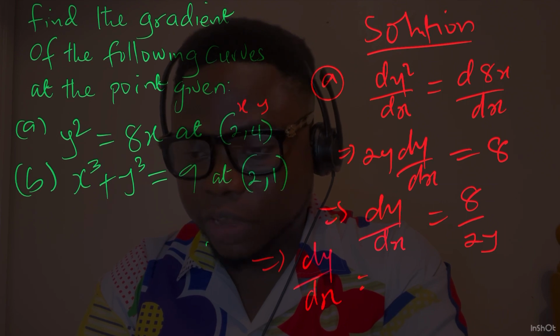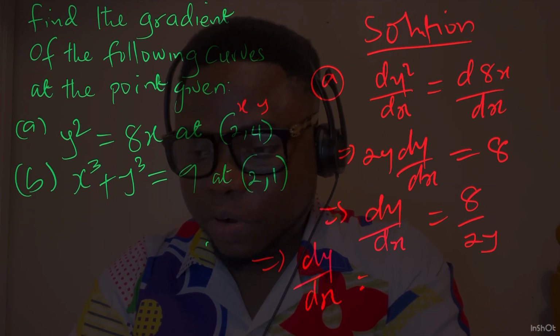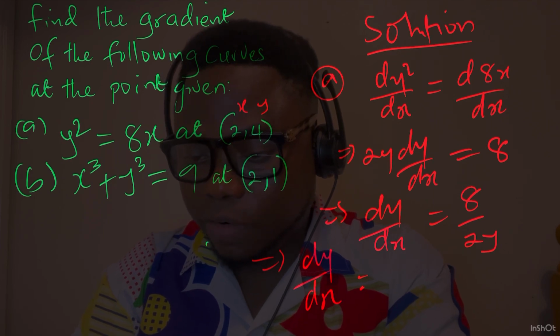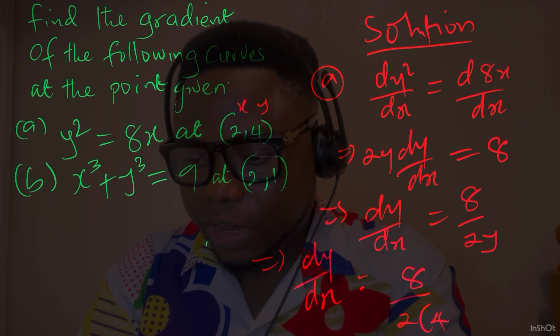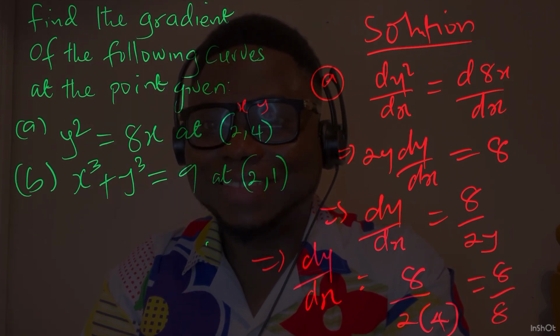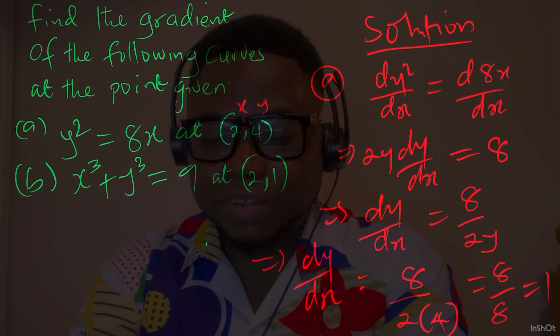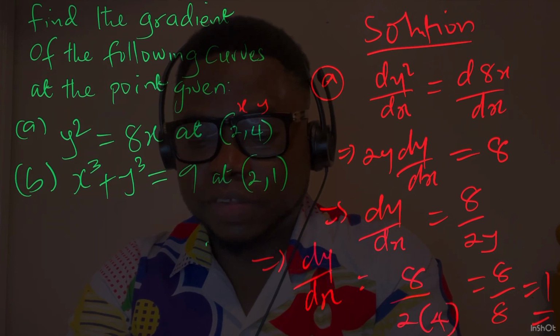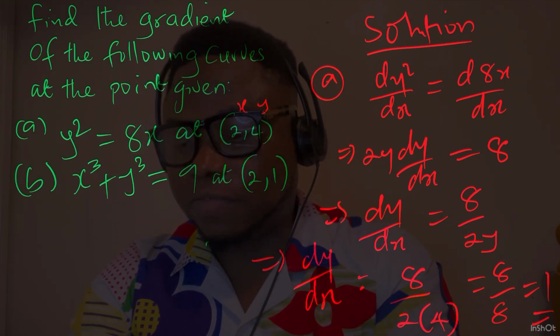This fraction, there's no x in it. So I'm going to replace y here with 4. And that's going to give me 8 over 2 times 4. So that's going to give me 8 over 8, which is 1. So the gradient is actually 1. The gradient of the curve y squared is equal to 8x at 2 and 4.